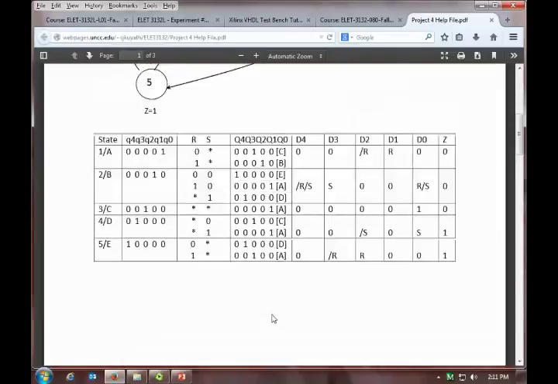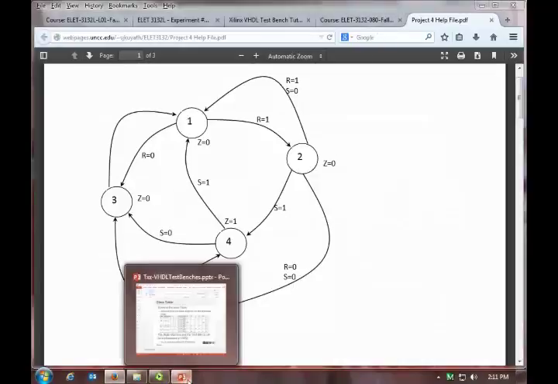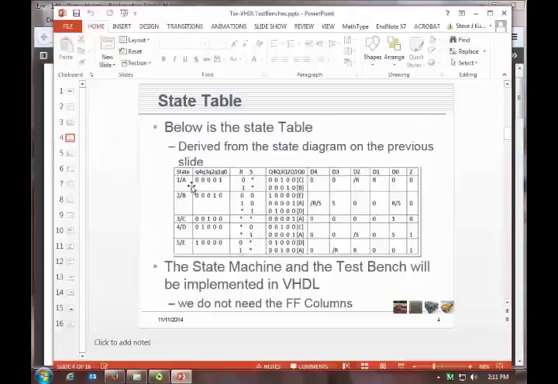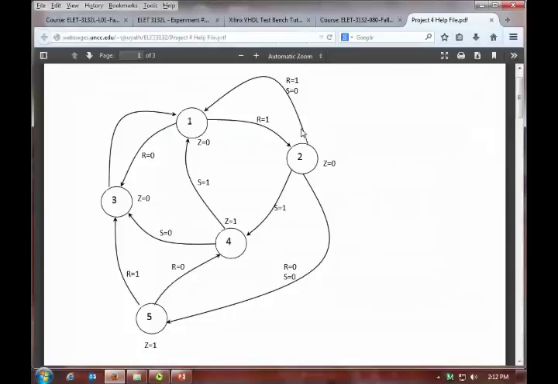It's fairly easy to go back and forth between these two and say, okay, if I'm in state 1 or state A, and I've decided that my state variables are going to be 0, 0, 0, 1. The only thing that made this one similar to project 4 was that it was one hot encoding. So I can find that on here.